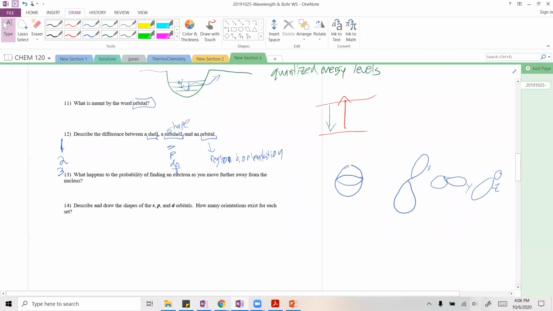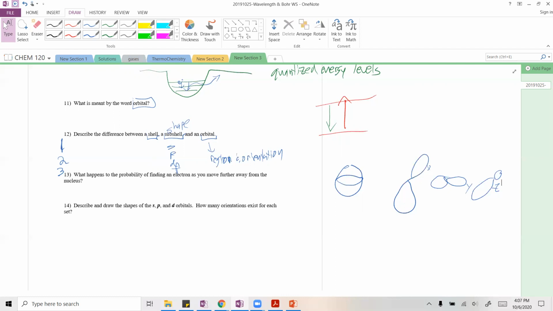Now, the further that we move away from the nucleus, the probability decreases. We're most likely to find our electrons near the nucleus because there is that attraction between the electrons and the nucleus. The farther we move away from it, then the less likely we are to find those electrons out there, because now we're getting to that outer edge of that orbital, and then eventually that electron is going to be lost from that atom because there's such a small attraction between that electron and the nucleus.